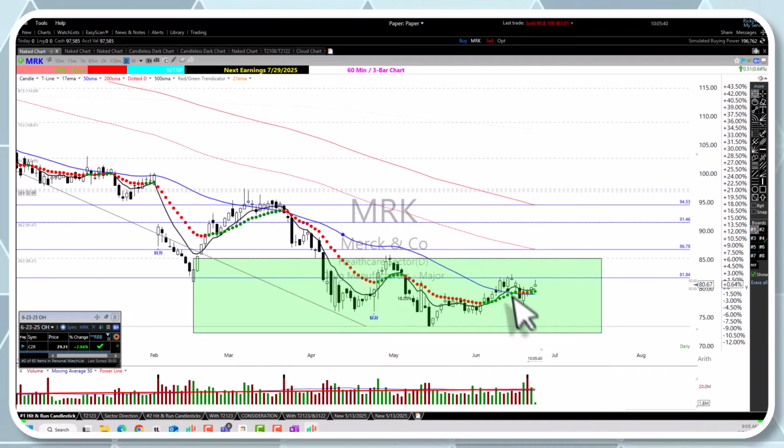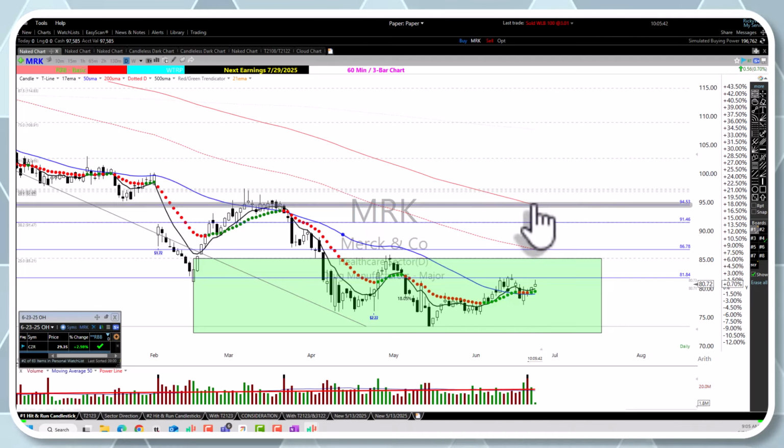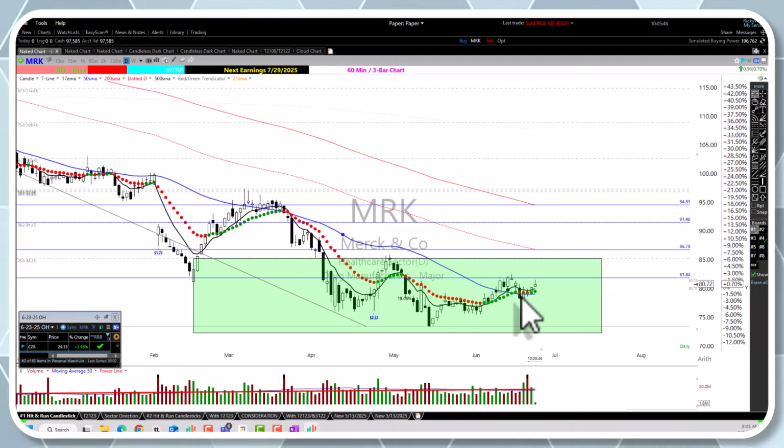So what we're looking for on the rounded bottom breakout is the 200 and the 50 period moving average spread out, giving them an oversold condition to each other. The 50 period moving average is oversold to the 200.